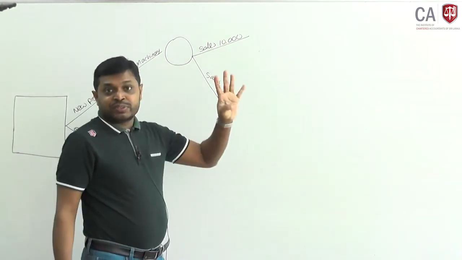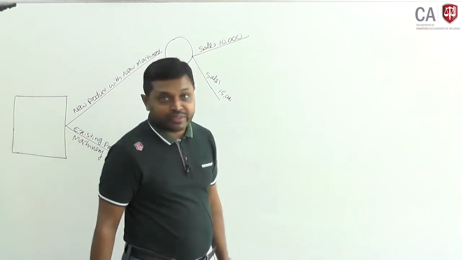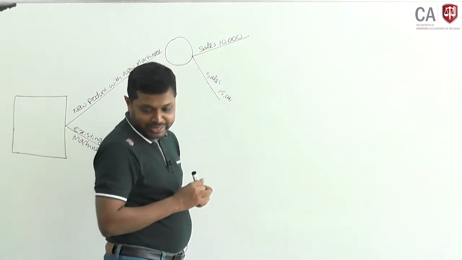If you sell 10,000, the variable cost is also either 6,000 or 5,000. Okay, you have to assign the probabilities.